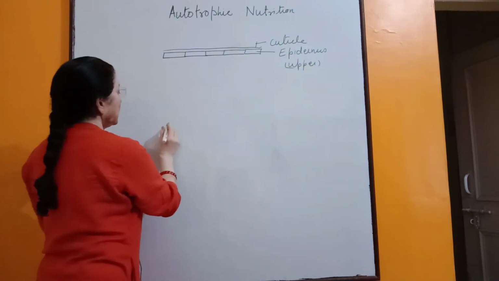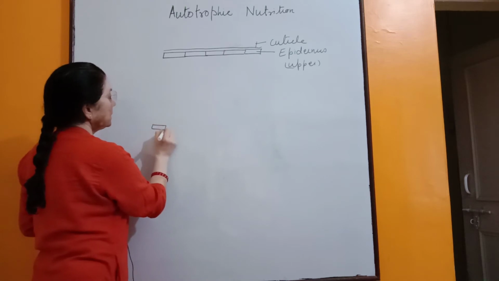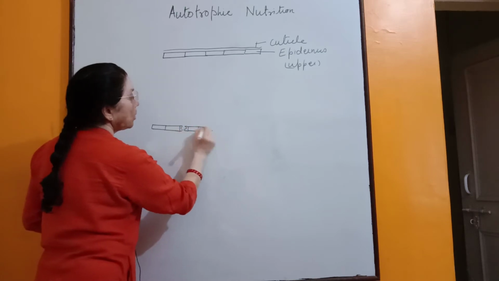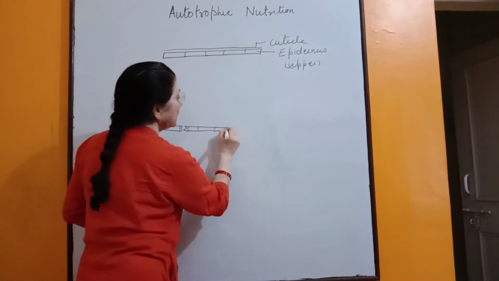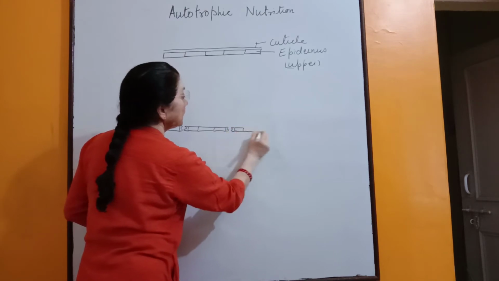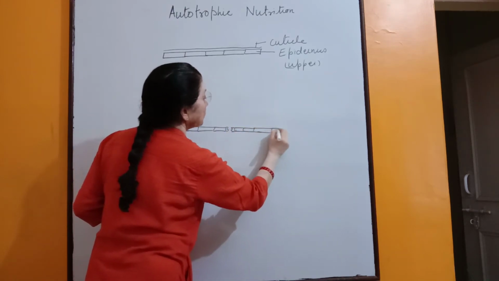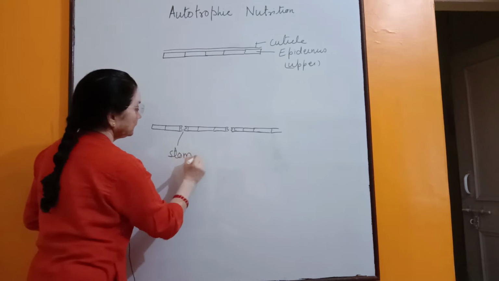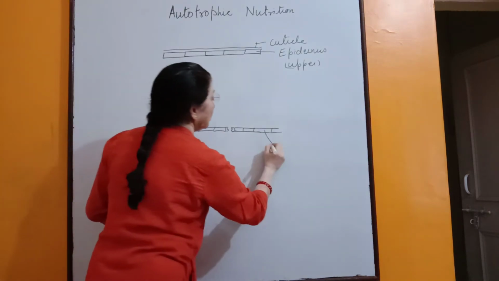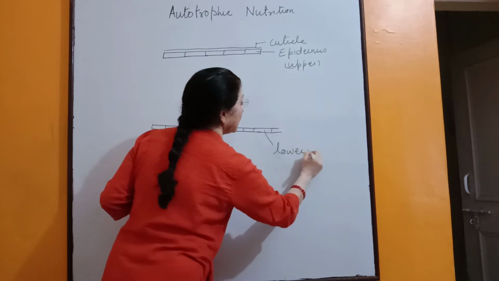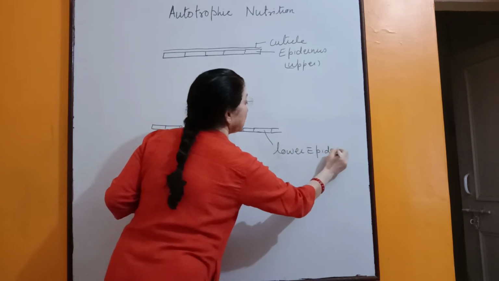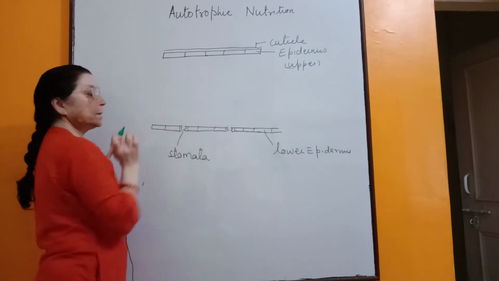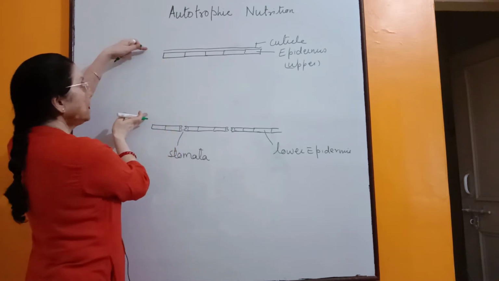Then the leaf has a lower epidermis, and on the lower epidermis you will find small openings, which we call stomata. This is the stomata and this is the lower epidermis. The tissue which lies between the upper epidermis and lower epidermis is called mesophyll tissue.